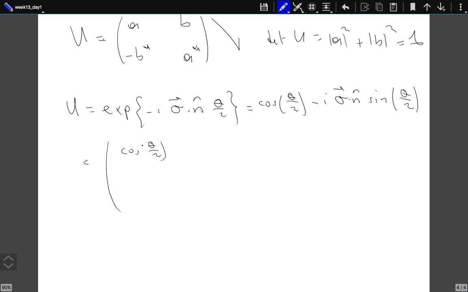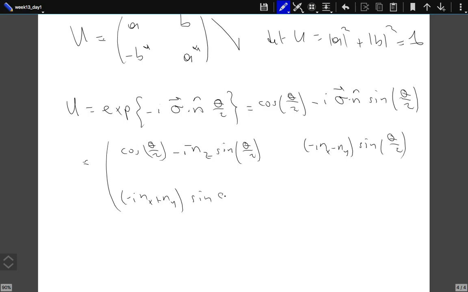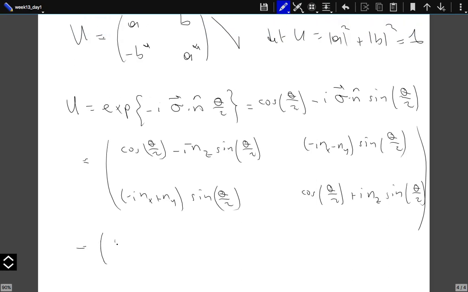Cosine theta over 2 minus I nz sine theta over 2, minus I (nx minus I ny) sine theta over 2, minus I (nx plus I ny) sine theta over 2, and cosine theta over 2 plus I nz sine theta over 2. And you see this is of this form.